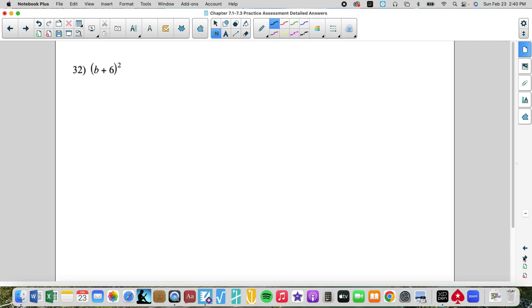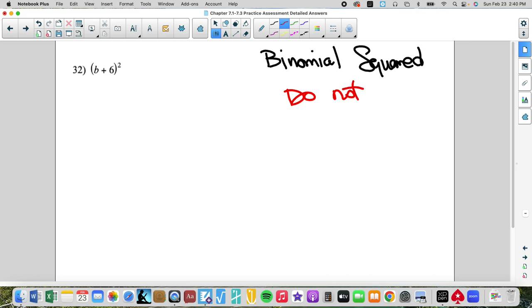My first binomial square. Binomial square. It's two terms being squared. We must remember, do not distribute the square.